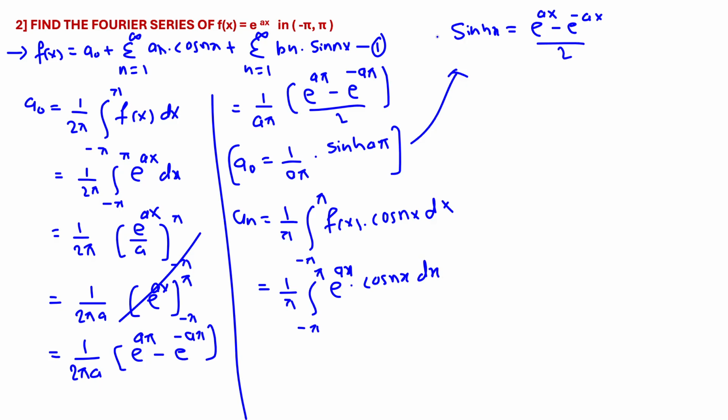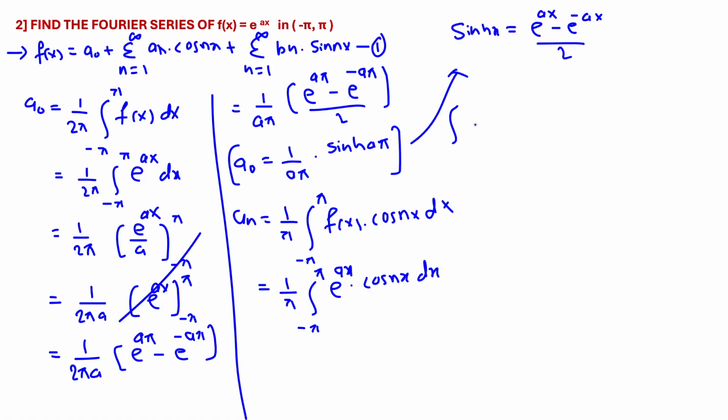Here we can't use the u into v formula because you won't get the derivative of the cos term as 0, because derivative of cos is minus sine, derivative of sine is cos, so it won't become 0.